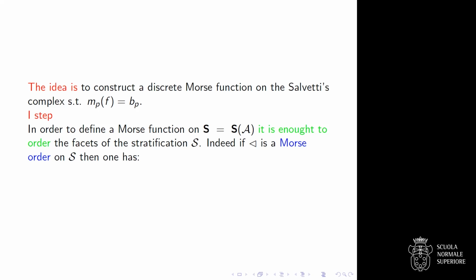What is true is that, in order to describe a Morse function, as happens in the continuous case, what you really need is just an order. So the most difficult part is to find a good order on the facets of our complex.